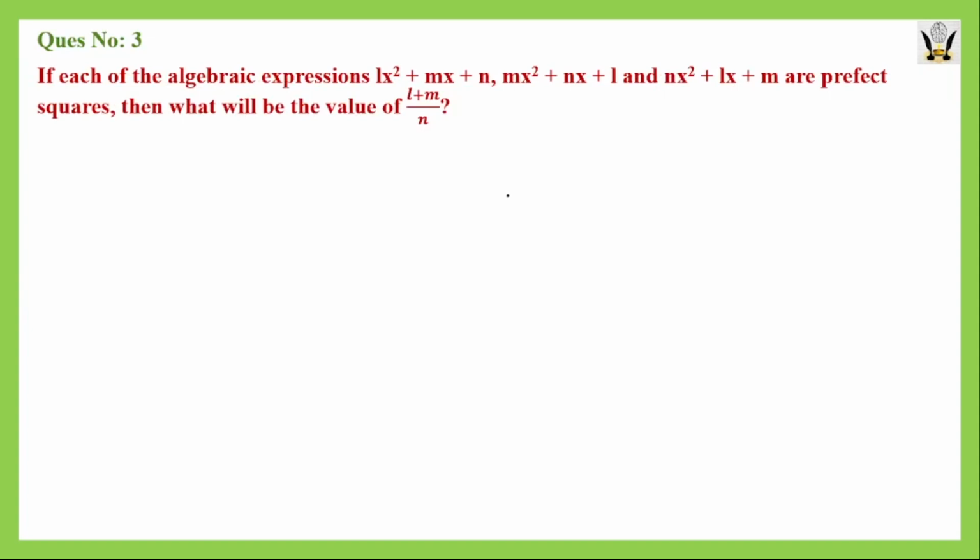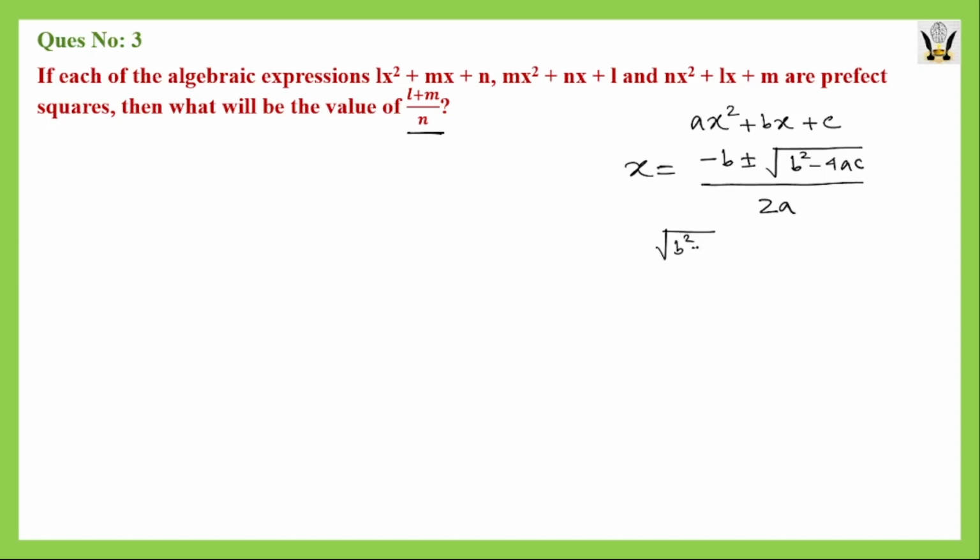Then we need to find the value of L plus M divided by N. We know that if we have this type of quadratic polynomial, then from the Siddhacharya formula, the roots of ax square plus bx plus c, if it is a perfect square, then b square minus 4ac will be equal to 0.